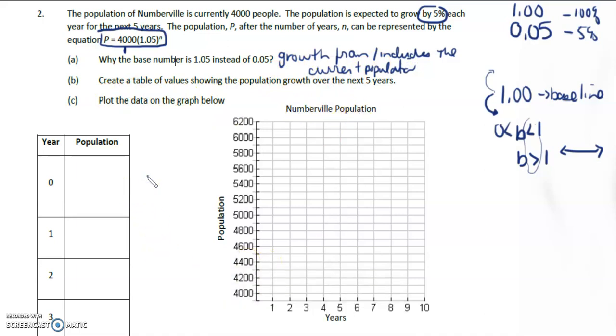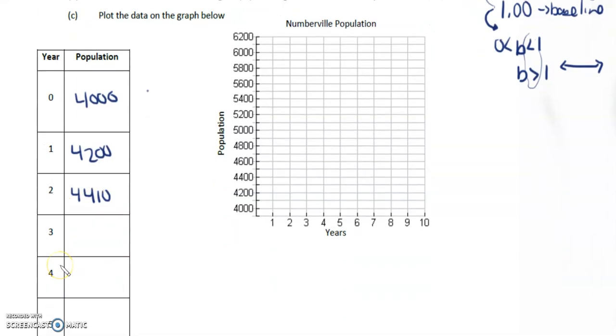Okay. So the population at time 0 is our 4,000. The population at time 1, we take that 4,000 and multiply it by 1.05, and we get 4,200. Then multiply that number by 1.05, and we get 4,410. Multiply that number by 1.05, and we get 4630.